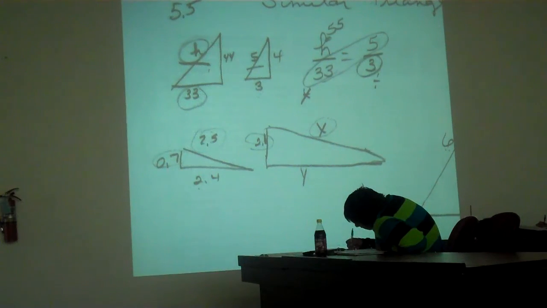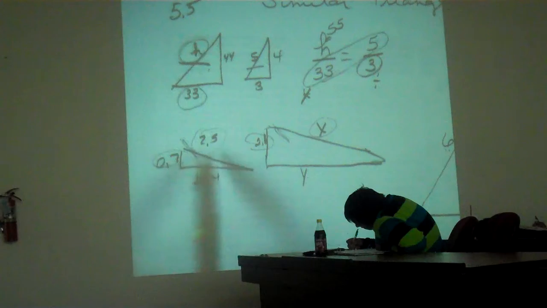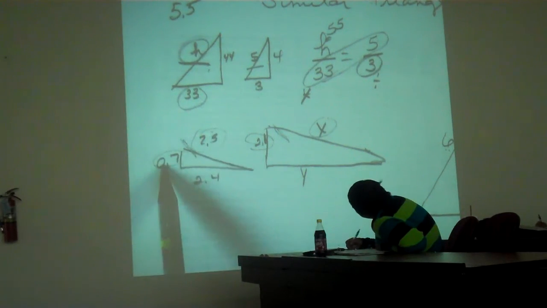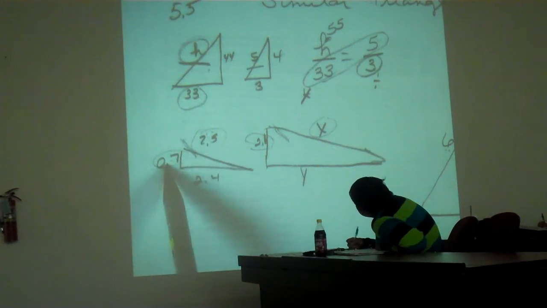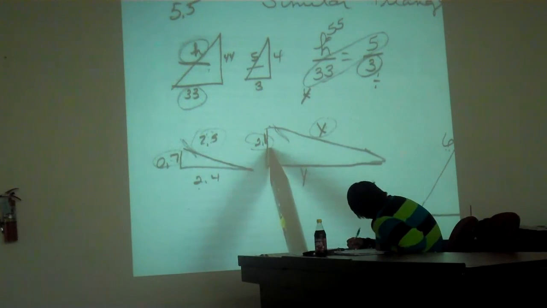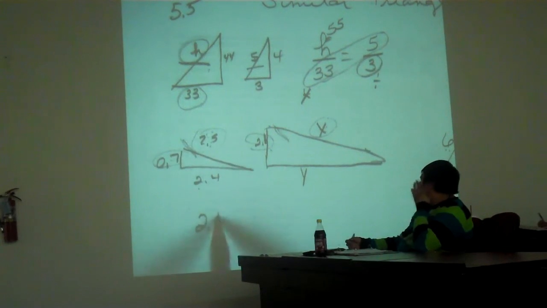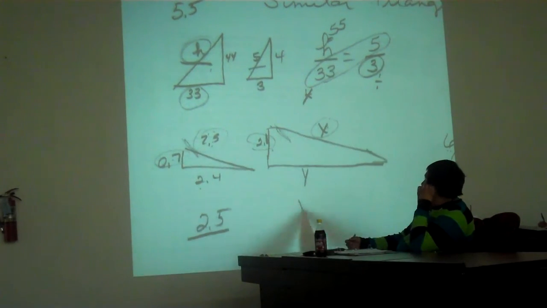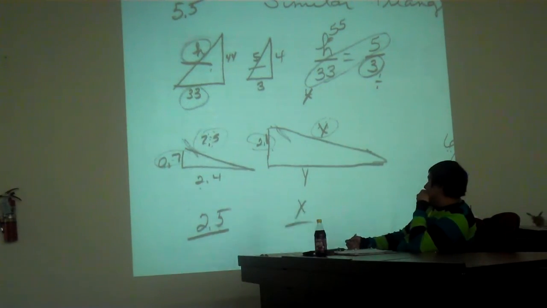So you need to put your division sign where it'd be like, put this on top and that on bottom, or the other way around. But however you do it on this triangle, you have to do it the same on this one. Okay? If this triangle you have 2.5 on top, this other triangle you need the x on top. So you need the same side to be on the same part of your proportion.